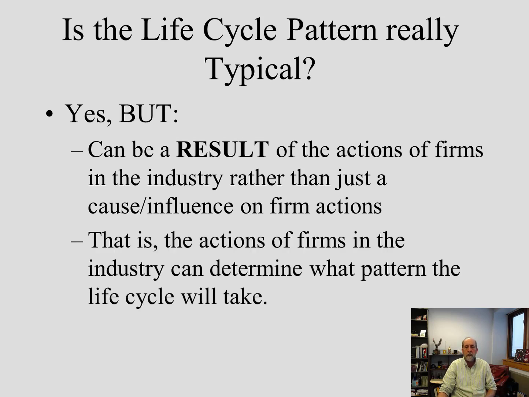What I'm really saying is that the actions of the firms in the industry can, in some instances, influence or determine the pattern that the life cycle will take. If firms do certain things, a life cycle may take off sooner, may stay mature longer, or, on a negative, may decline quicker. So it is both a cause of firm actions, but also a result of firm actions. It can work both ways, and I hope you'll keep that in mind as you go through the material.